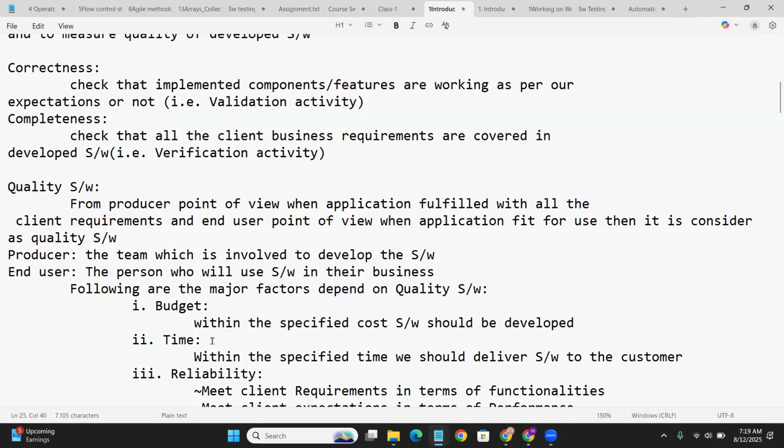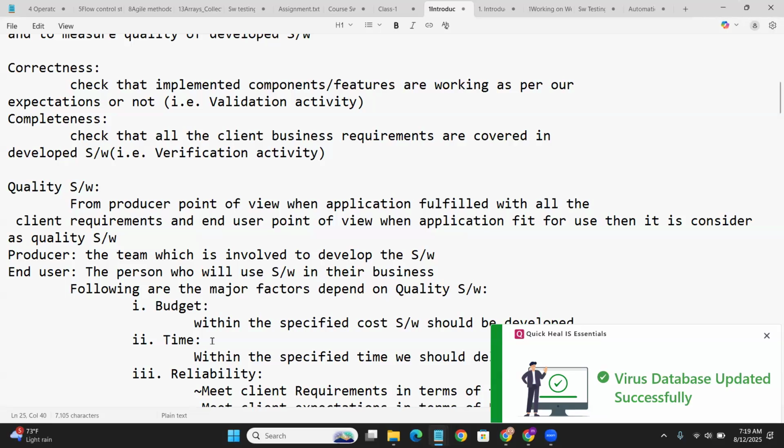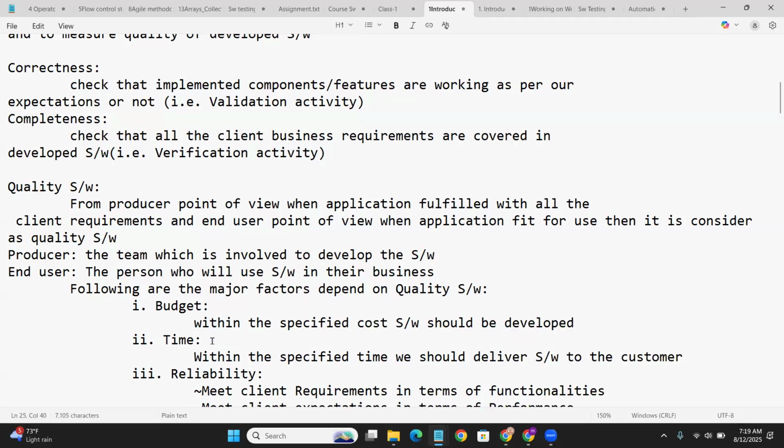Second is time. If the client expects the project within 8 months, we have to deliver the software within 8 months.